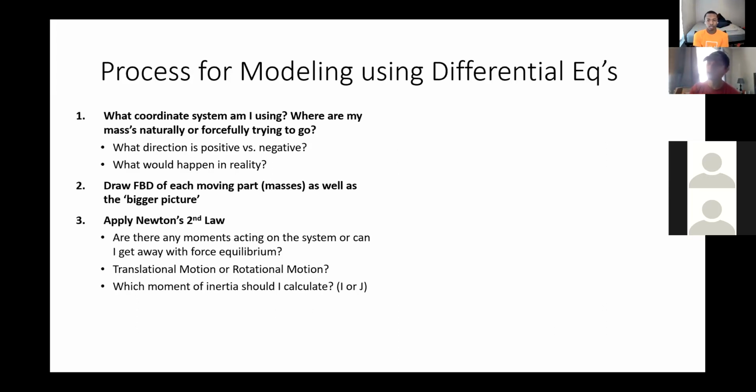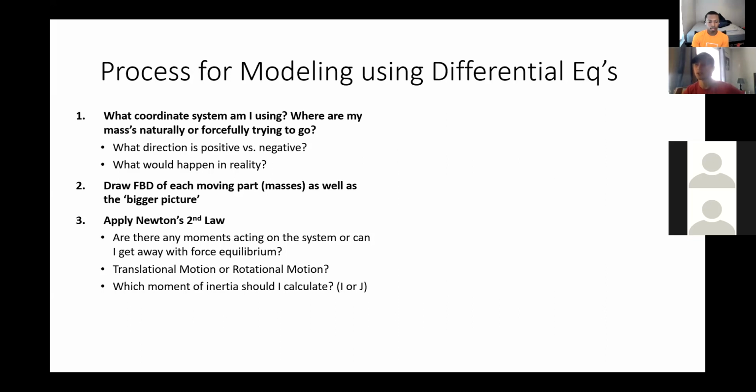Step 3, we're going to apply Newton's second law. Are there any moments acting on the system, or can I get away with just doing a force equilibrium? Is it translational motion or is it rotational motion? Am I using angular acceleration, or am I just using linear?